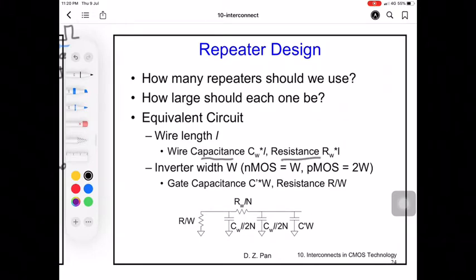So here, the wire length: you can calculate the wire capacitance and the resistance based on the length, and you can also calculate the size of the inverter inside the repeater, and the capacitance of the inverter. Important here is the gate capacitance and the resistance in the inverter.